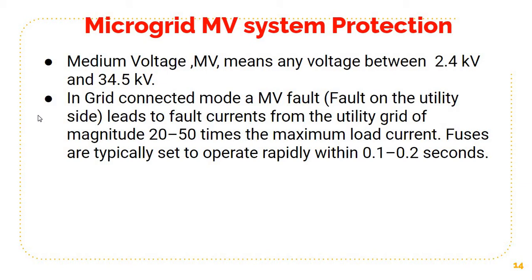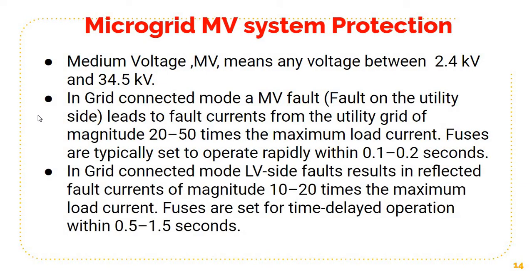Whenever there is a fault on the utility side, it leads to currents of 20 to 50 times the maximum load current. So on the MV side, the fuses are typically set to operate rapidly, within 0.1 to 0.2 seconds, to protect the various devices.